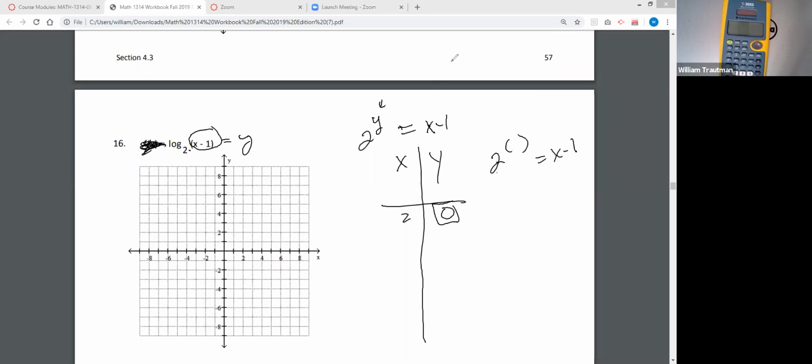I want to plug in y to the 1 power. 2 to the 1 power is 2. Take the 1 to the other side by adding 1. If x is 1, I'm sorry.